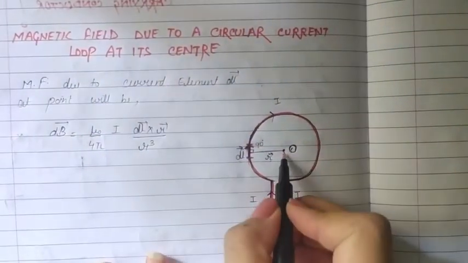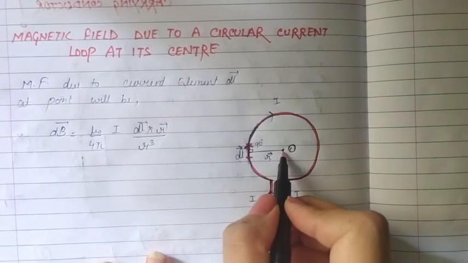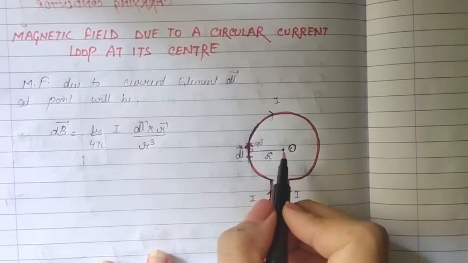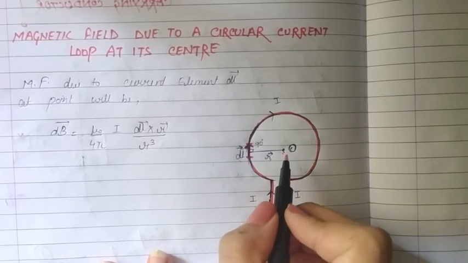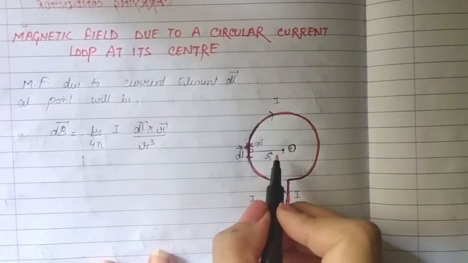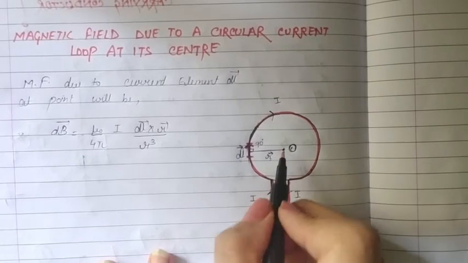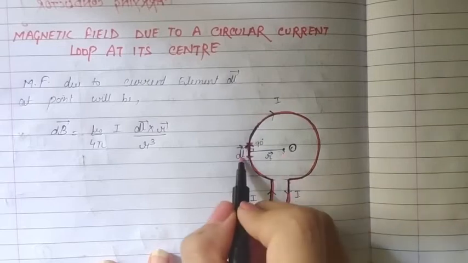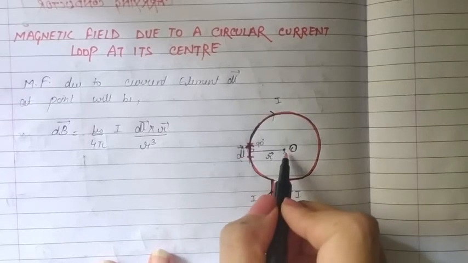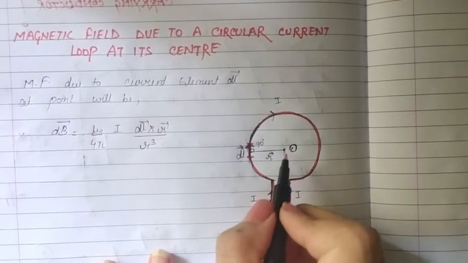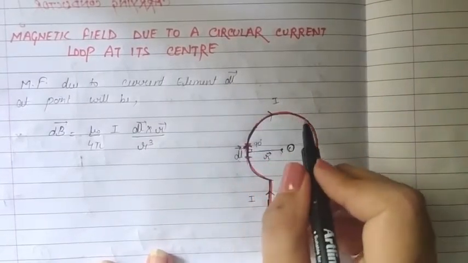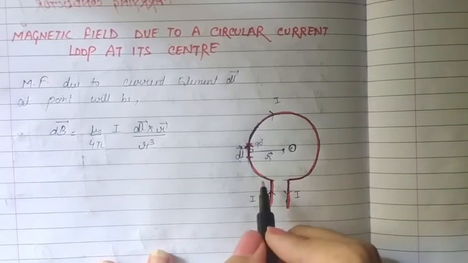So the direction of magnetic field at point O will be normal to the paper and into it, or we can say normally into the paper. Normally means perpendicular and into means inside the paper, going into the paper. So the direction of magnetic field because of this element at point O is normally into the paper. When we talk about the whole loop, there are many such segments, but the direction remains the same for each case.